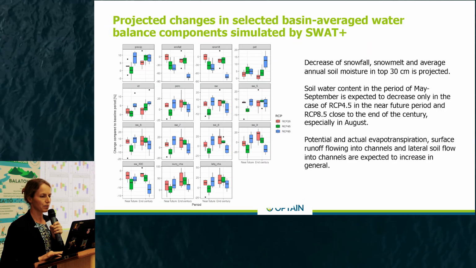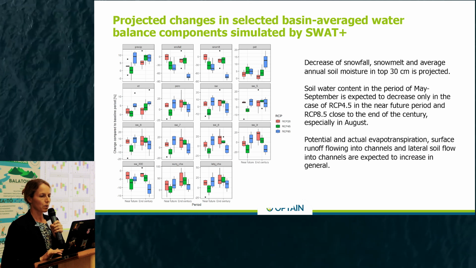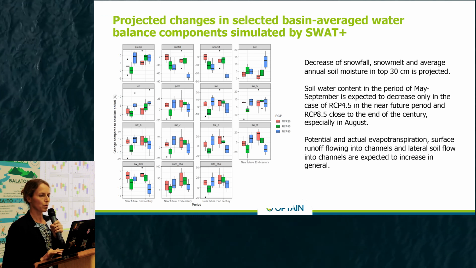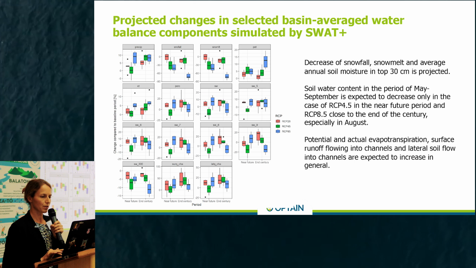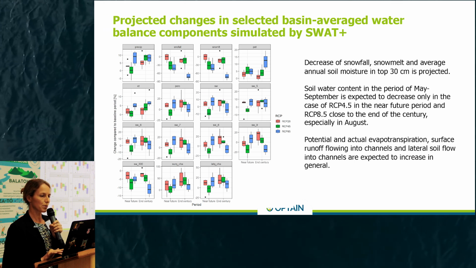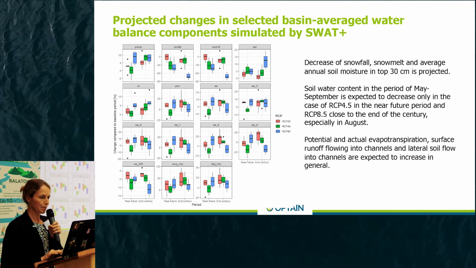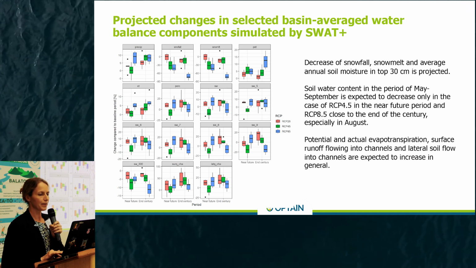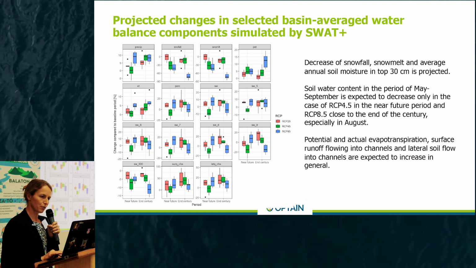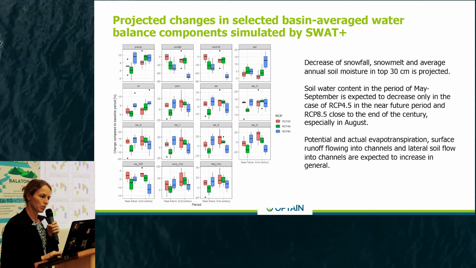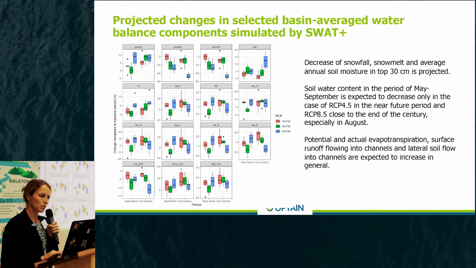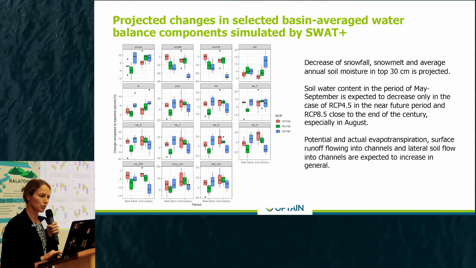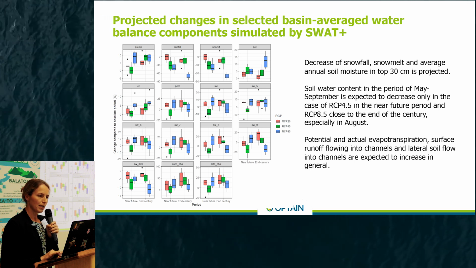And here are the results. So snowfall, snowmelt, and average soil moisture in the top 30 centimeters are projected to decrease. Then we can check, especially for May, June, July, August, September, how the moisture content will change.